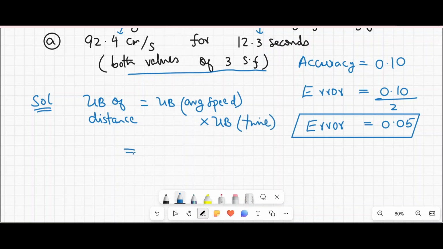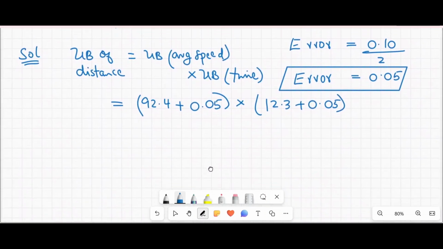The upper bound of speed will become 92.4 plus 0.05, because in finding the upper bound we add the error term. We multiply with the upper bound of time, 12.3 plus 0.05.